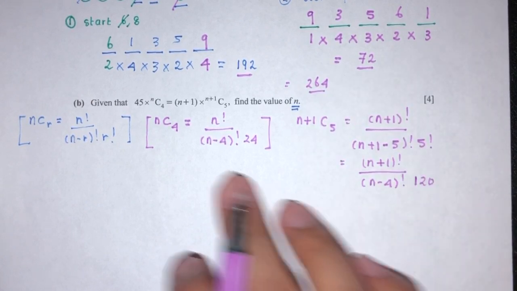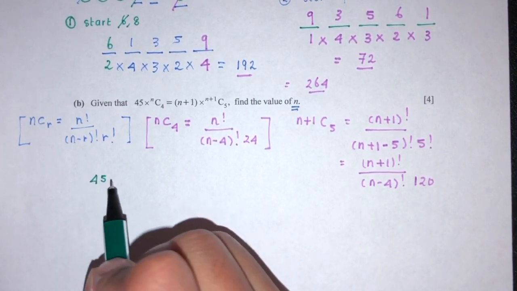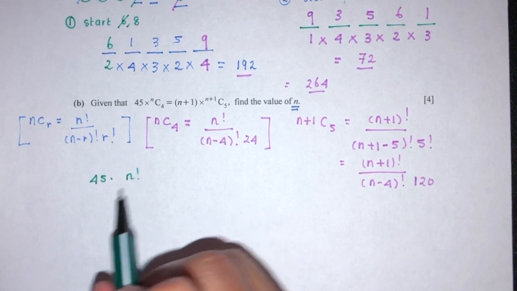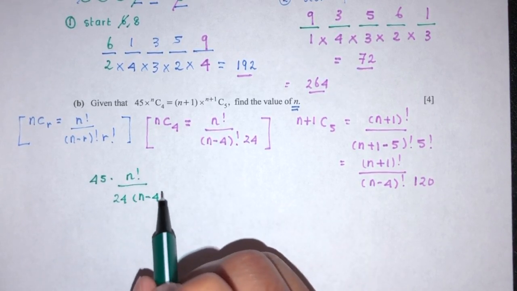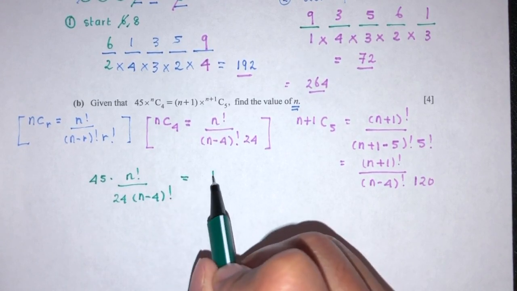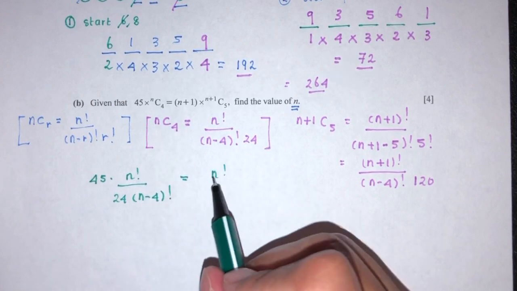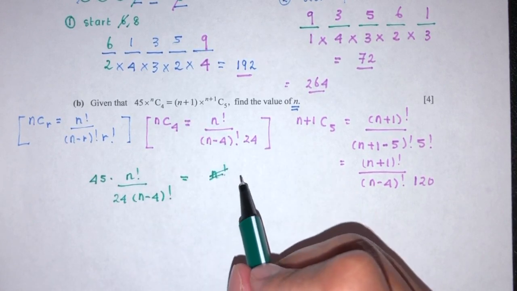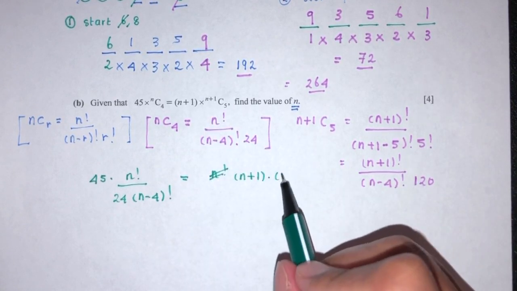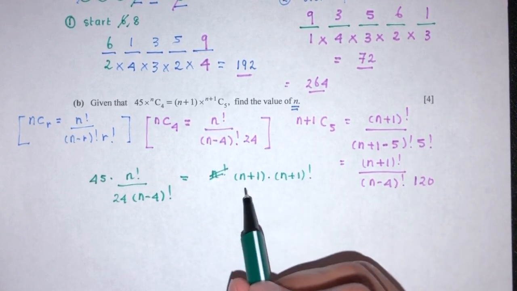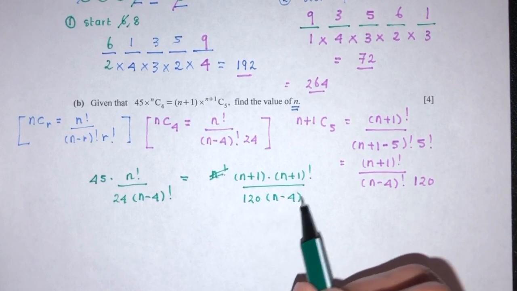Now we just have to replace back in the main equation. So we have 45 times 24 over n minus 4 factorial, times n factorial. And this will become n plus 1 factorial over 120 times n minus 4 factorial.